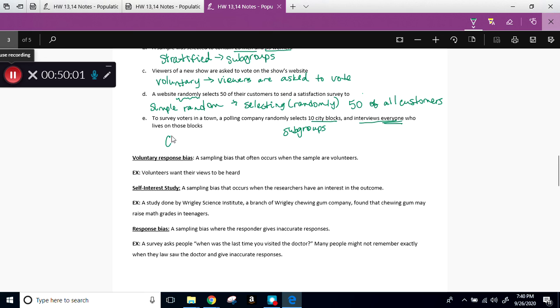That's cluster, because they divide it into subgroups and then interviewed everyone.